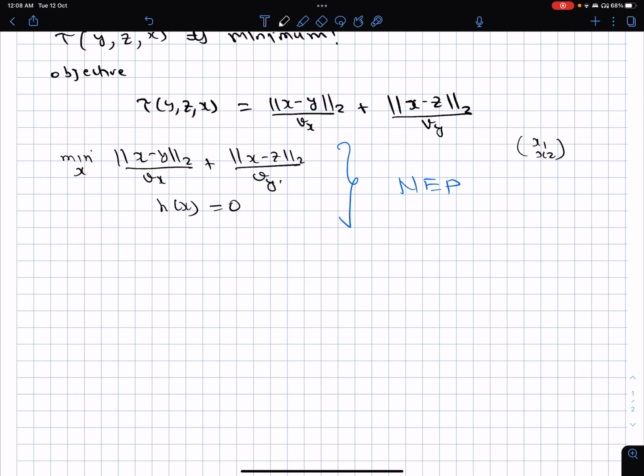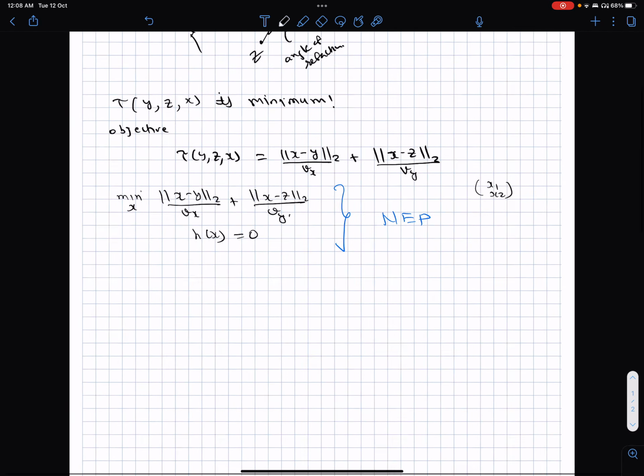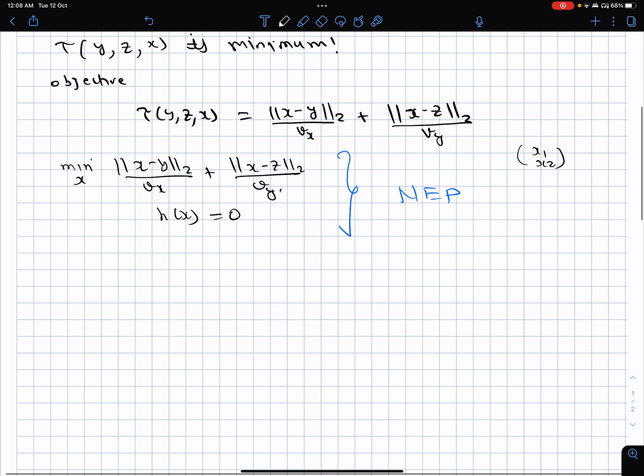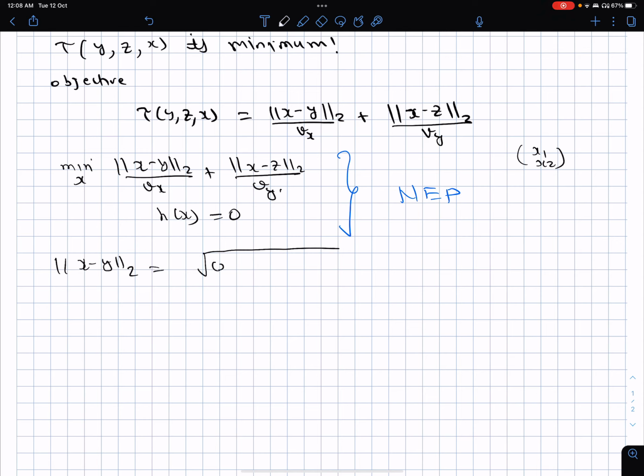So let's write first of all what is norm of x minus y. Norm of x minus y is the square root of (x1 minus y1) squared plus (x2 minus y2) squared. And what is norm of x minus z?